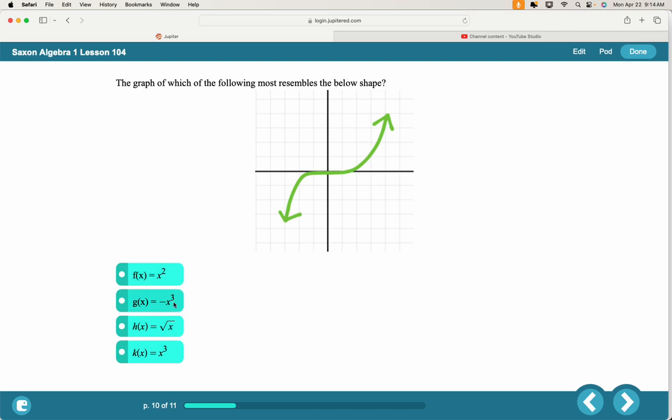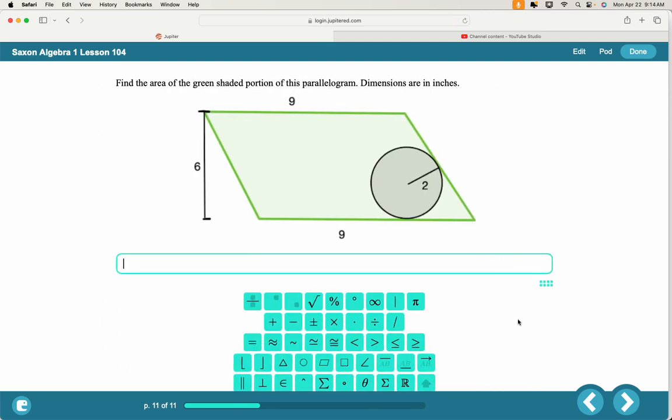So it's not these two, it's either this one or this one. We have to know whether this is opening up normally, which would be the positive, or upside down, which would be the negative. And actually upside down would be with this side up and this side down. So this is the normal one, so it's this one. And that's correct. So now let's do this problem.